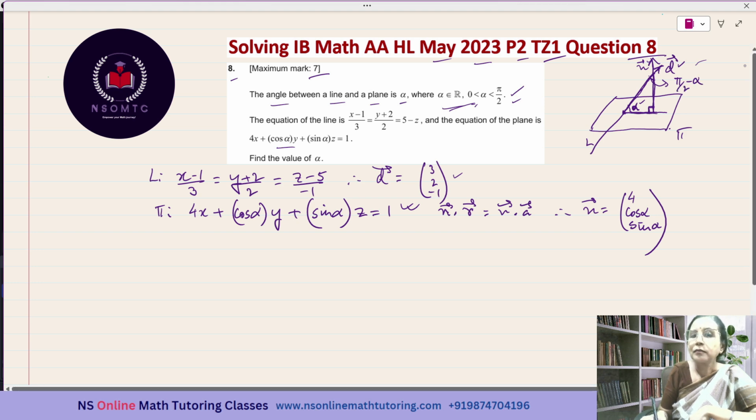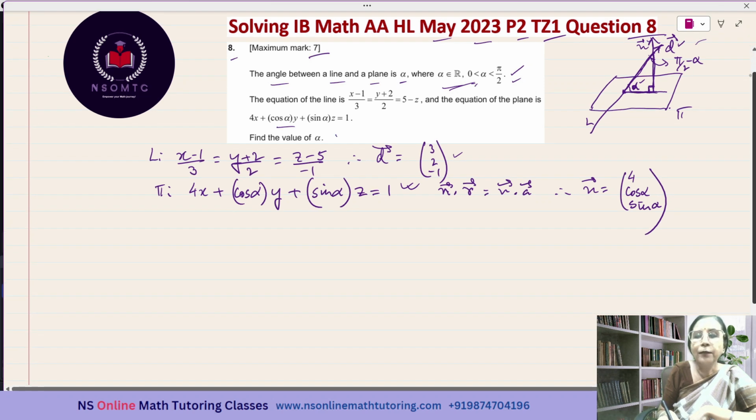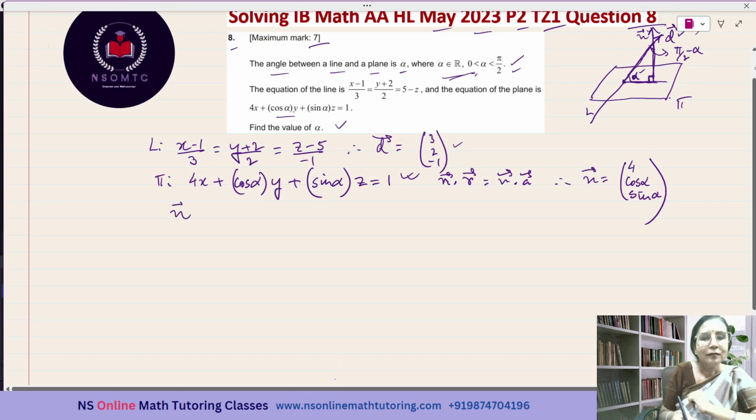Now we are required to give the value of alpha, so I am doing the dot product. n dot d will be equal to (4, cos alpha, sine alpha) dot (3, 2, negative 1).